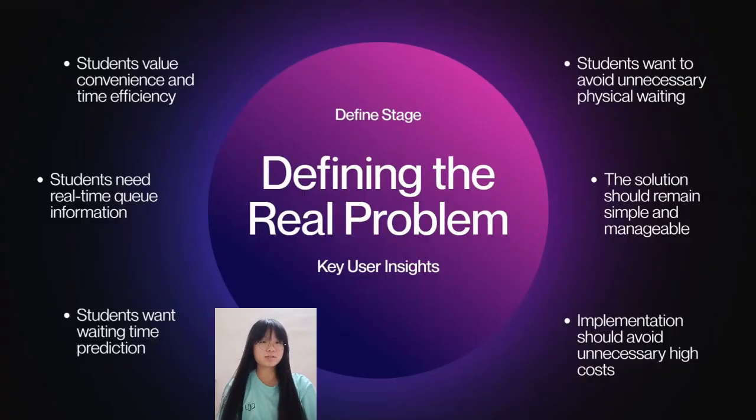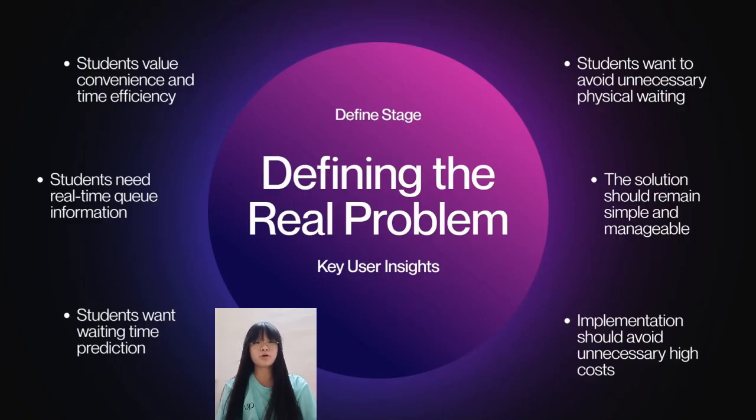Based on the user needs, we moved into the define stage of design thinking. We found that students value convenience and time efficiency, particularly during peak hours. They need real-time queue information and some form of waiting time prediction. However, we also realized that our solution should not become too complicated.